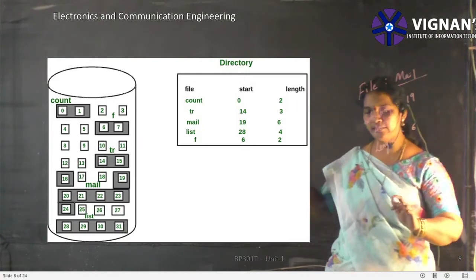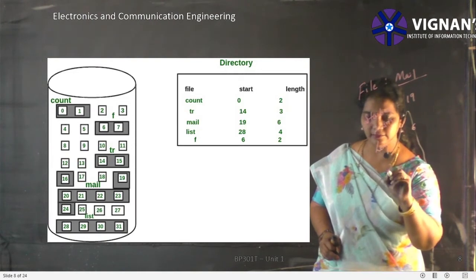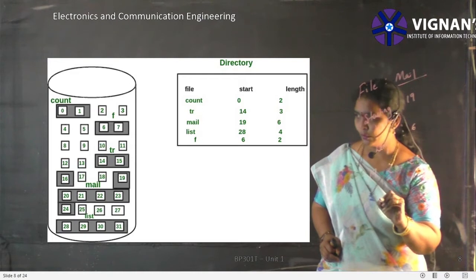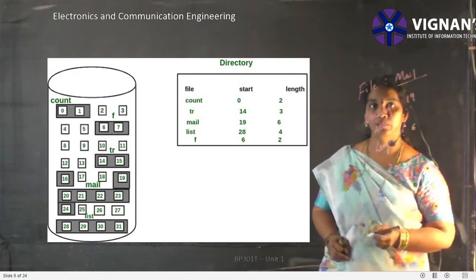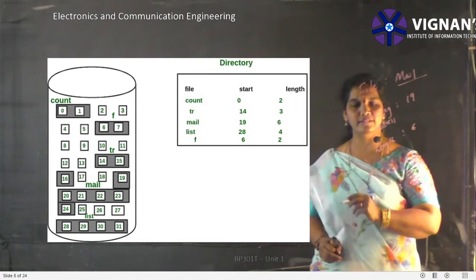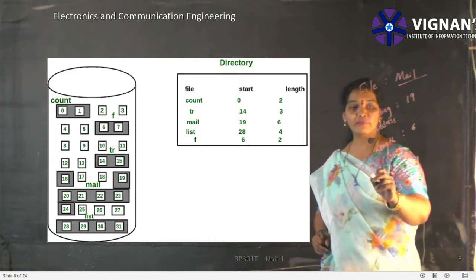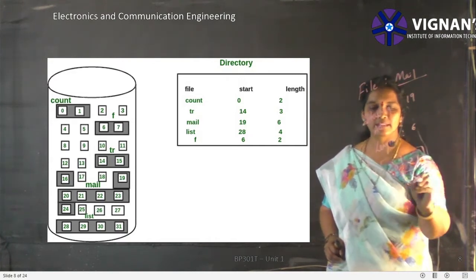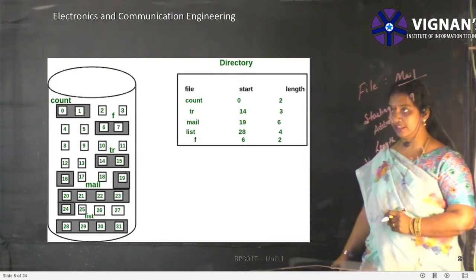So what blocks has it occupied? It has occupied 19, 20, 21, 22, 23 and 24. So with the starting address of 19, my file has occupied 6 blocks. So this is my continuous allocation.